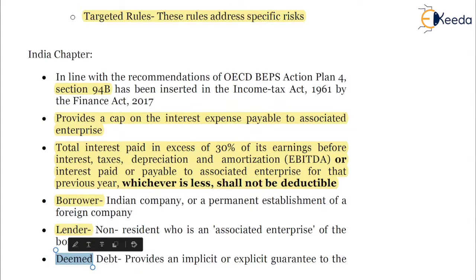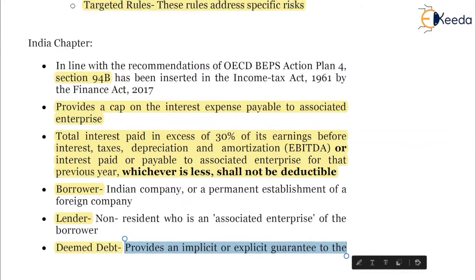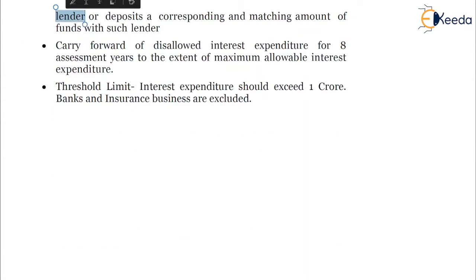Deemed debt. Deemed debt is nothing but if any guarantee is provided by the non-resident associated enterprise on behalf of the Indian borrower company, then also such guarantee will be deemed to be a loan provided by the non-resident associated enterprise. It provides an implicit or explicit guarantee to the lender, or deposits a corresponding and matching amount of funds with such lender.